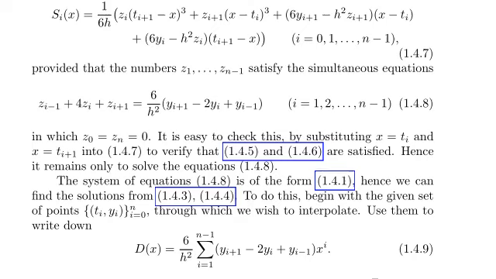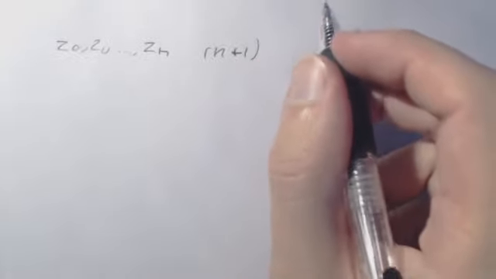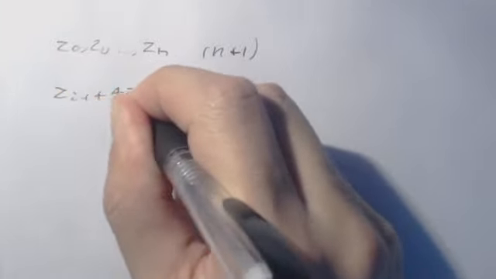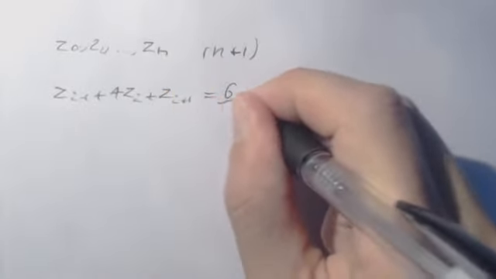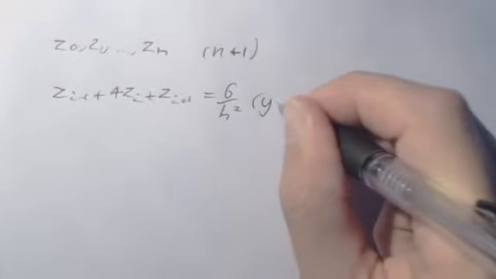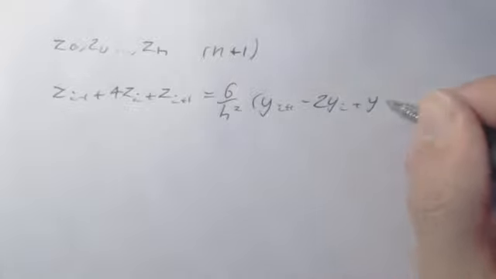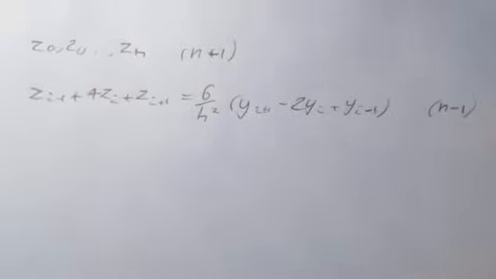Okay, so there are n plus 1 Zs here, and we are given n minus 1 simultaneous equations: Zi minus 1 plus 4Zi plus Zi plus 1 equals 6 over h squared times yi plus 1 minus 2yi plus yi minus 1, which is n minus 1 equations.